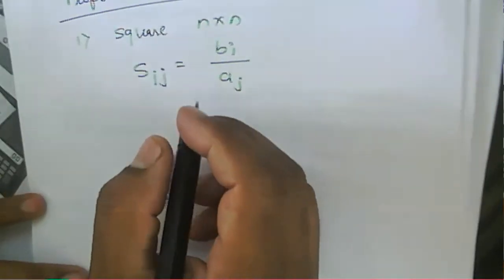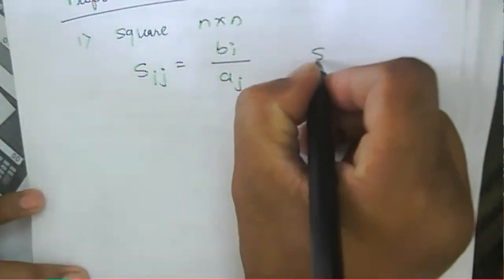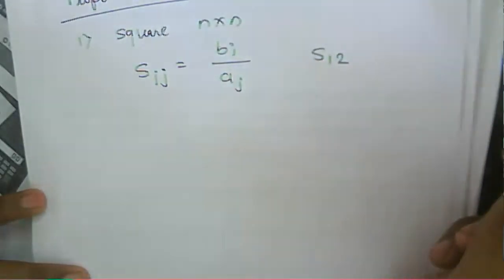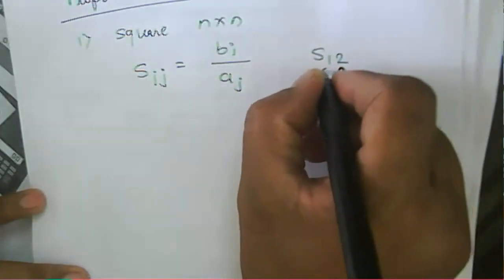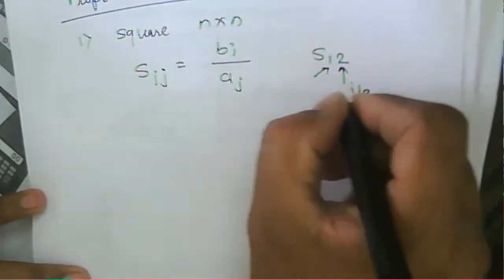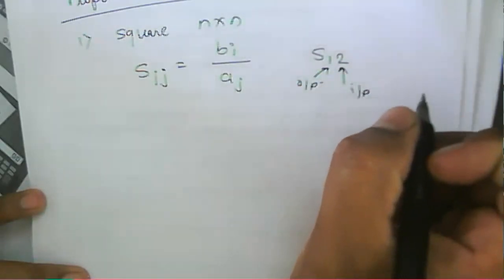Suppose I am writing S12. That means 2 is the input and 1 is the output, the wave scattered at that particular port.